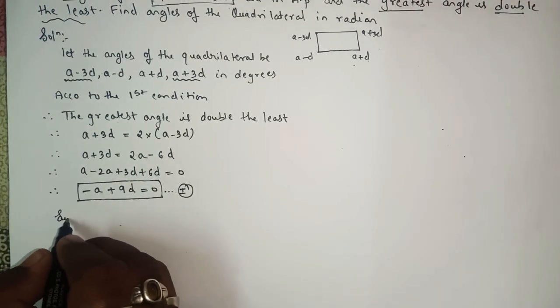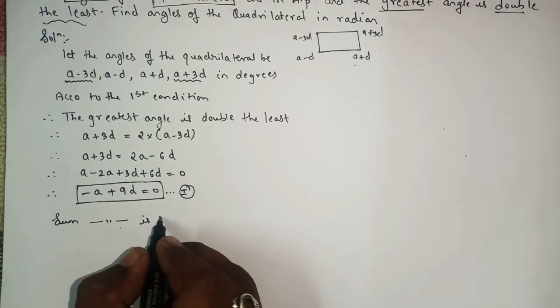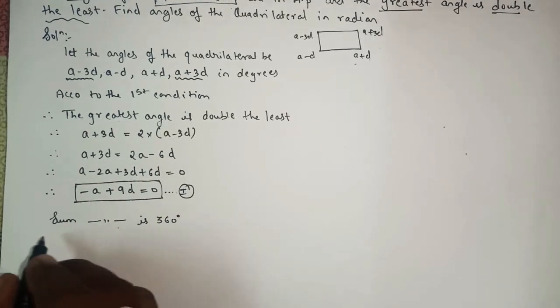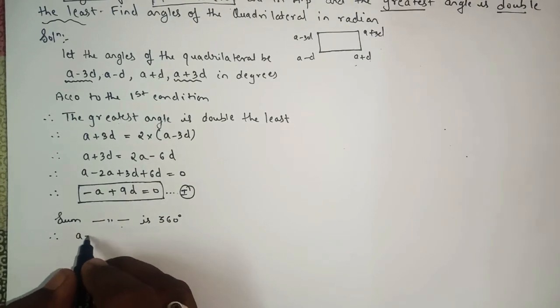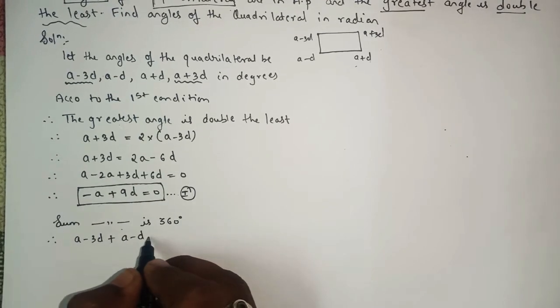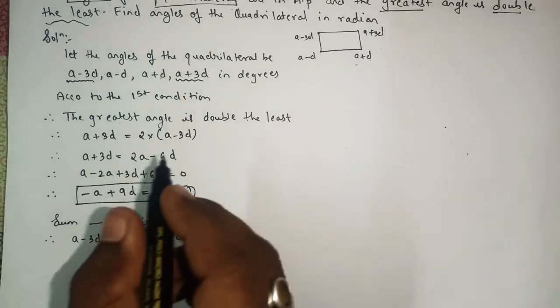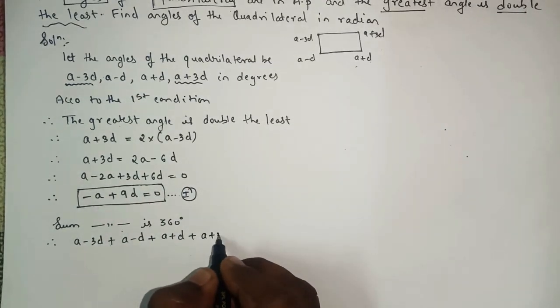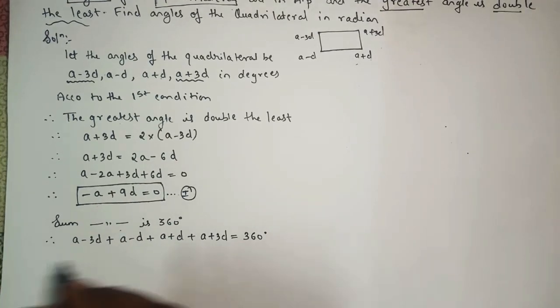So we can write the sum of the measures of the angles of the quadrilateral is 360. So here the first angle is A minus 3D, plus second angle A minus D, third angle A plus D, and the fourth angle A plus 3D is 360.